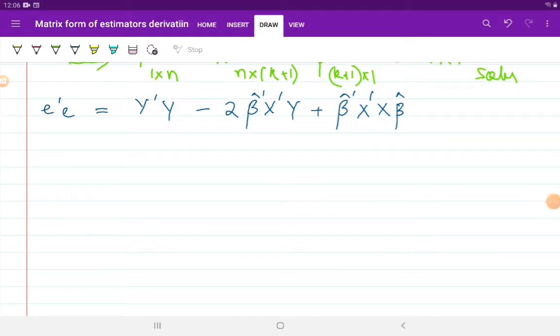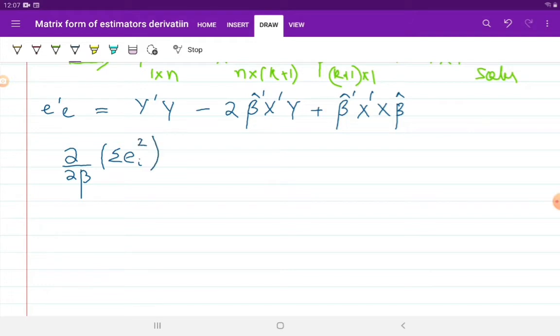So now I have the expression for the error square, and if I want to minimize the squared deviation, I need to use differentiation. Simply writing it in symbols, it is partial differentiation with respect to beta of the matrix E square.